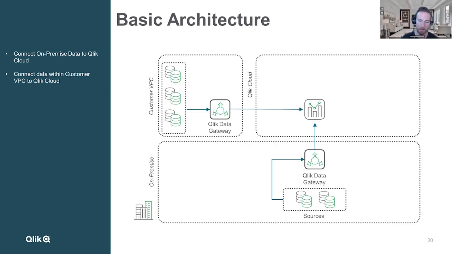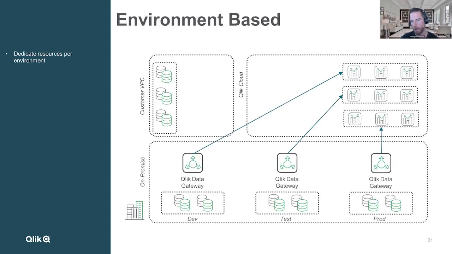So if you have an on-premise setup, but then in your own virtual private cloud, of course, you can also install a Qlik Data Gateway over there. So basically, you install a gateway at locations where your data source is behind the firewall. And the data gateway allows you to connect to your data source, even though there's a firewall, without having an inbound connection from the internet to your on-premise environment.